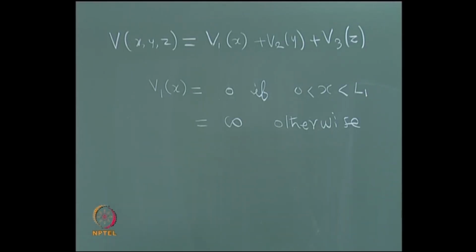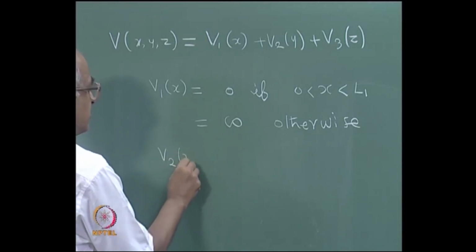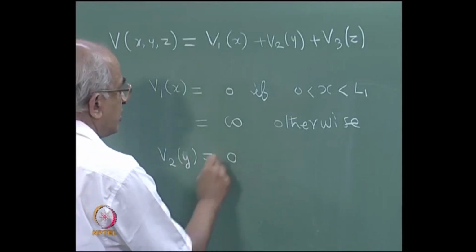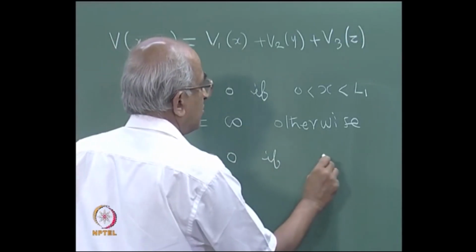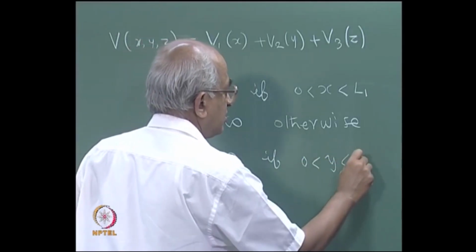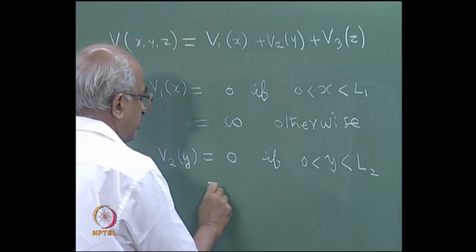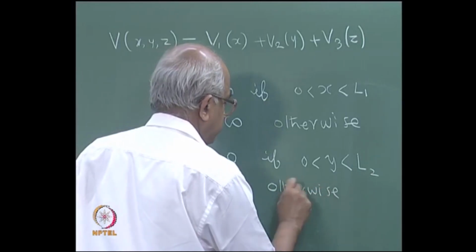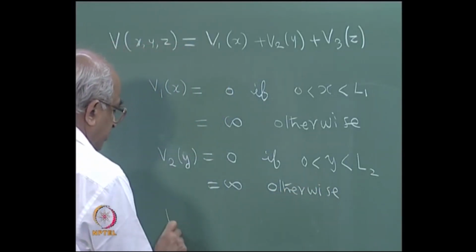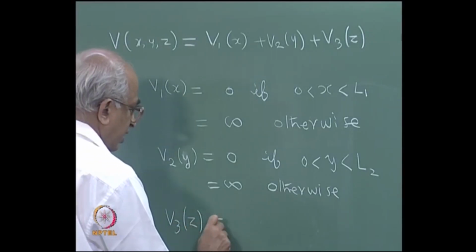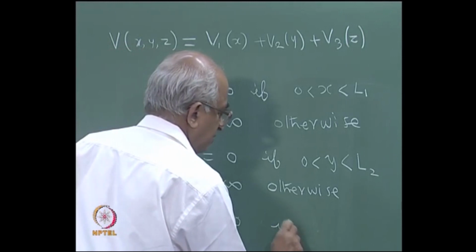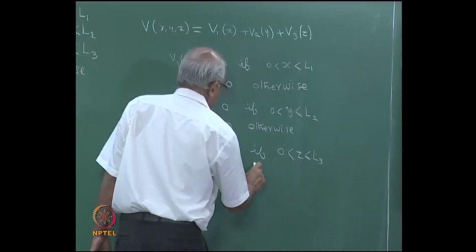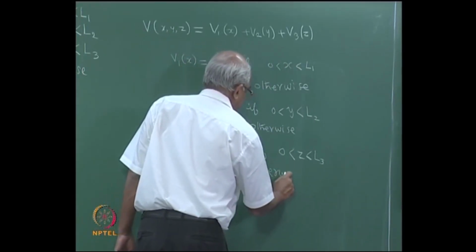Similarly, V2 of y will be defined to be 0 if y is between 0 and L2, and it will be equal to infinity otherwise. And V3 of z will again be defined to be 0 if 0 is less than z less than L3 and equal to infinity otherwise.